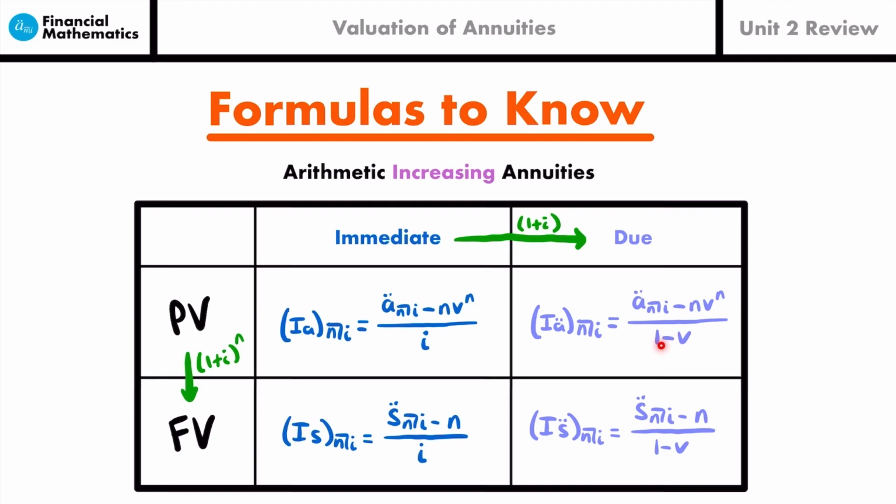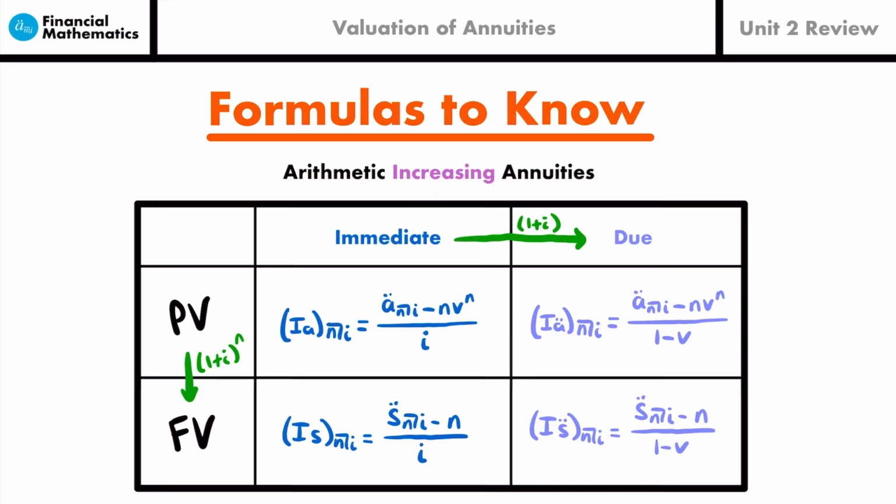I like to work with 1 minus v so I can just keep using the same interest rate throughout the whole formula. And once again, you can get from the immediate formulas to the due formulas by multiplying by 1 plus i, and you can get from the present value formulas to the future value formulas by multiplying by 1 plus i to the power of n. Okay, so those are the notations and formulas for arithmetic increasing annuities.